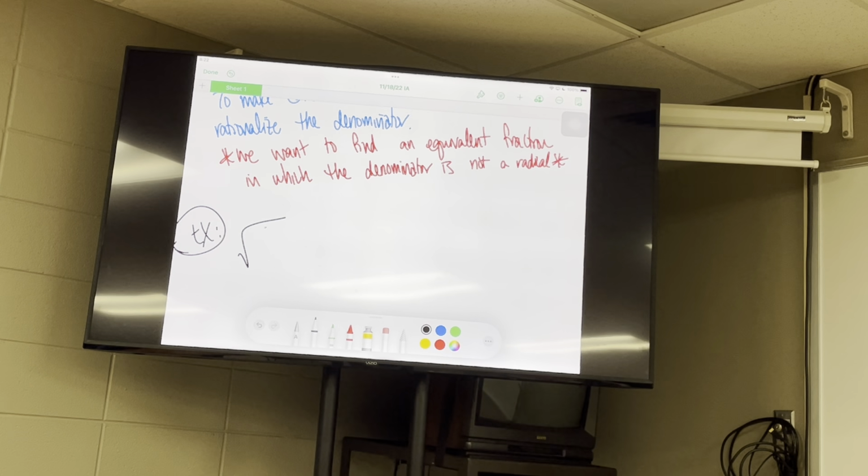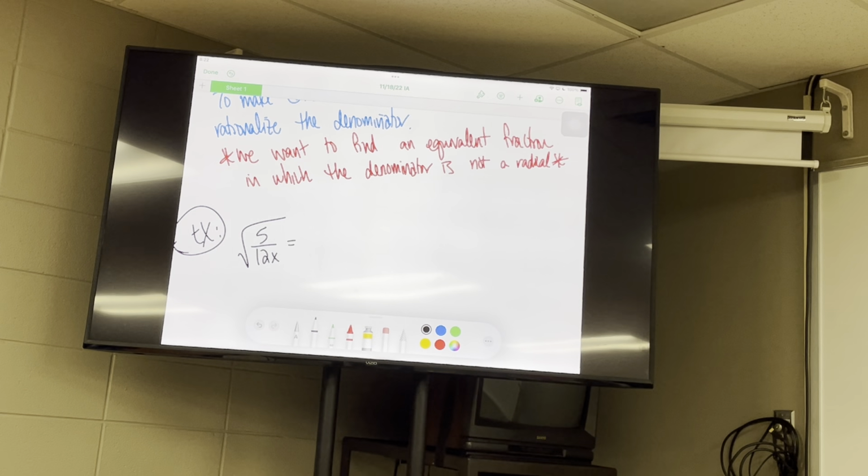I have the square root of 5 over 12x. Just a quick reminder that if I have division underneath a radical, I can separate it, just like if I have multiplication underneath a radical, I can separate them.